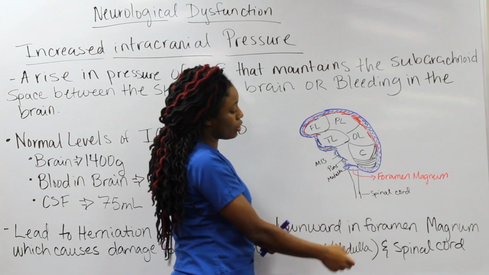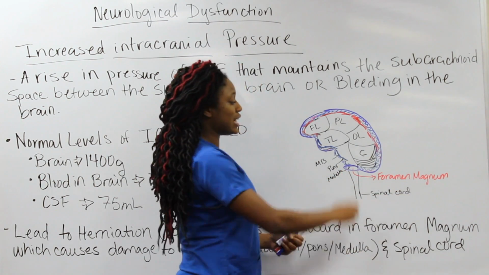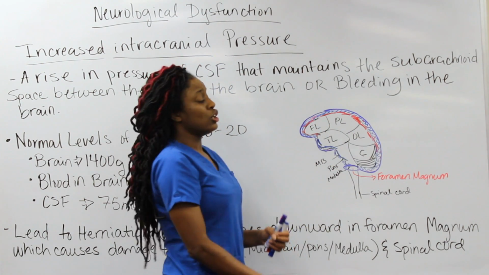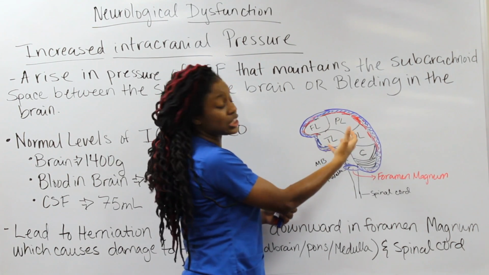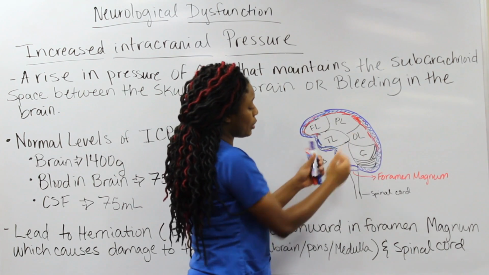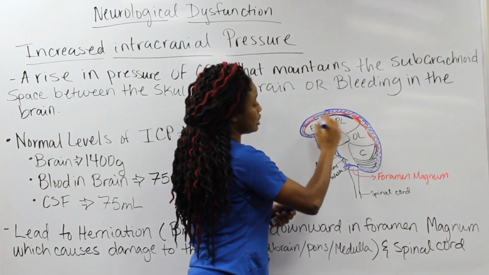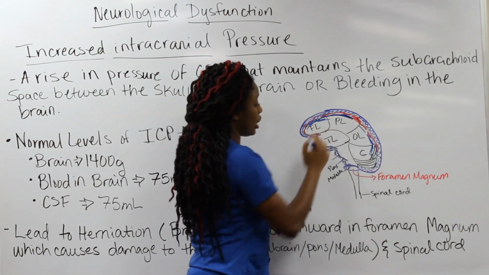That opening is called the foramen magnum, and it is the only opening that connects the brain to the spinal cord. After you have this increase of pressure, the blood and the CSF is going to build up and eventually it is crushing, literally. I want you to get that picture. It is crushing the brain.